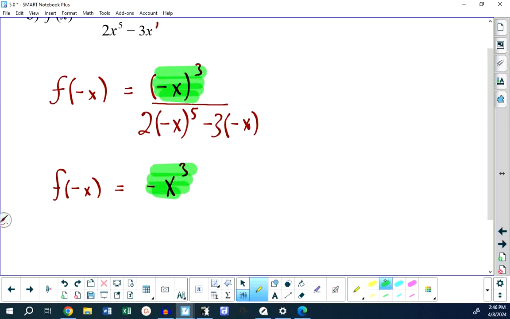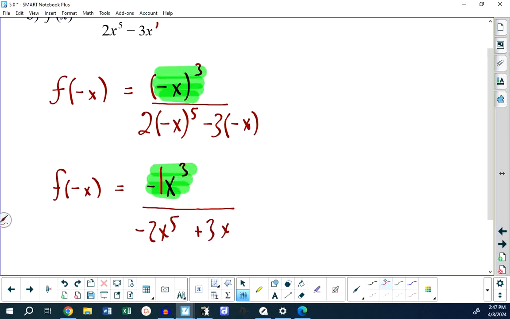In other words, this is not true. What we're talking about in the part that's highlighted at the bottom of the screen is we have a coefficient of x cubed of -1. We've cubed the negative in the negative x. And then it's over -2x to the 5 plus 3x.